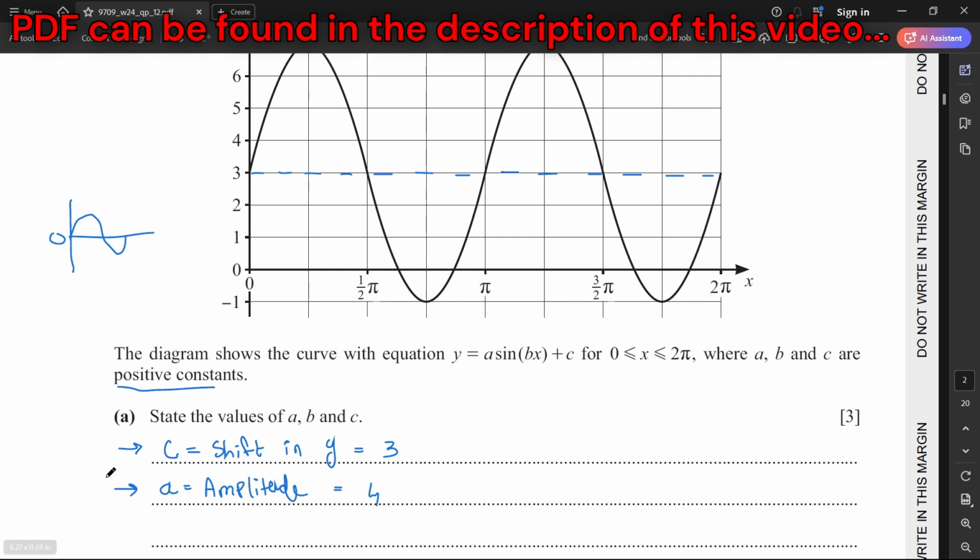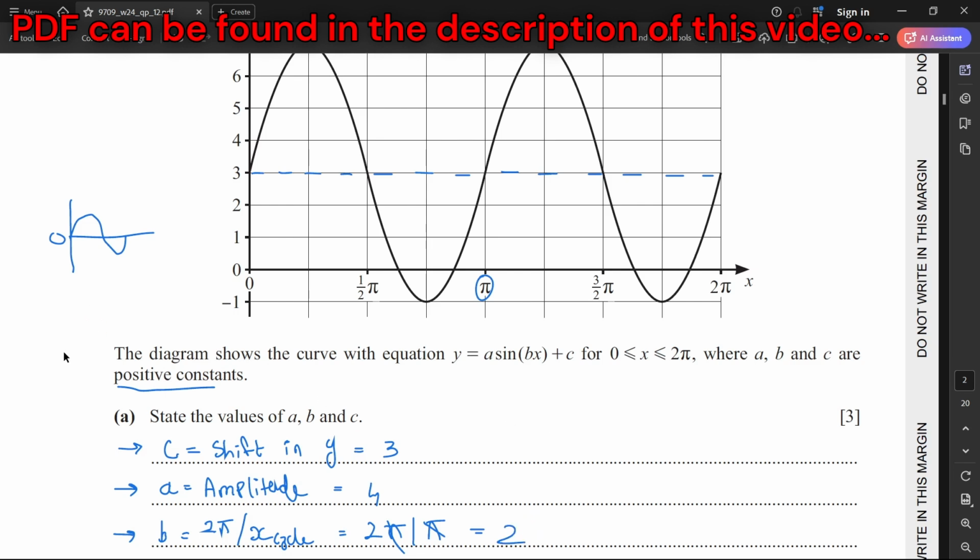And lastly we have the value of b, which is also called omega, which is nothing but 2 pi divided by the value of x that gives one complete cycle. So this comes out to be 2 pi by pi, because for one complete cycle the value of x is pi, and then you can see pi and pi get cancelled out, and I am left with 2.